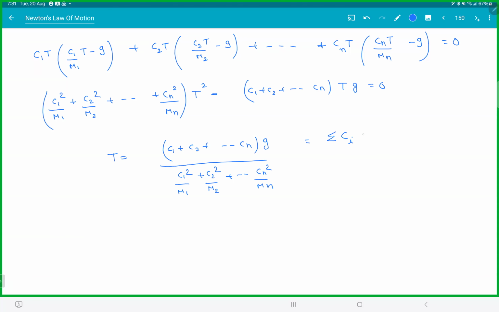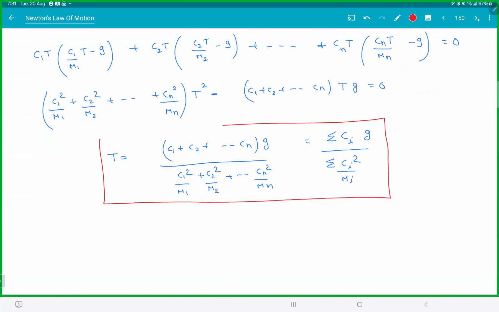Sigma Ci G by sigma Ci square by Mi. This will give you the tension of any string that we have chosen.